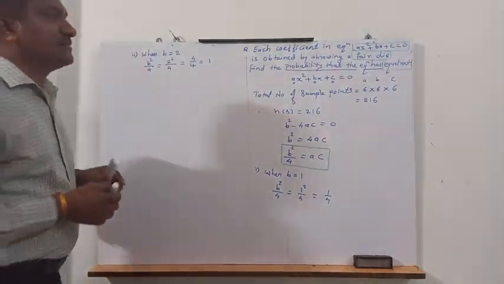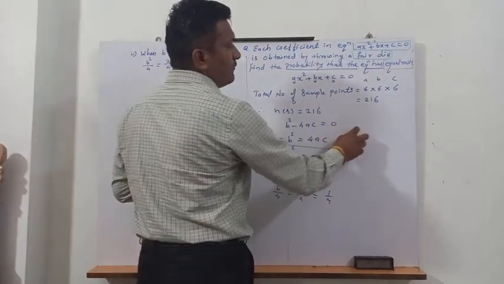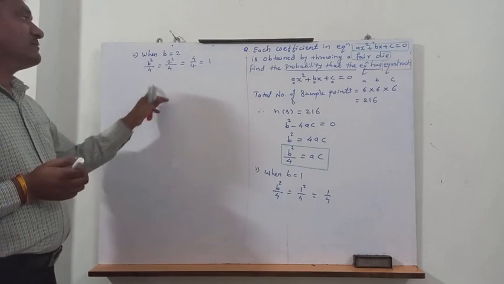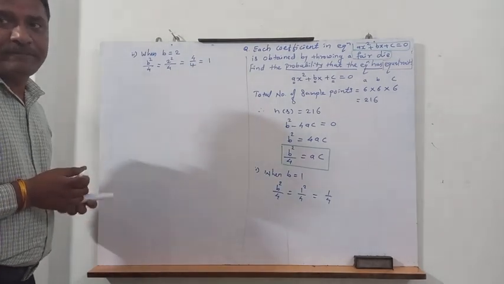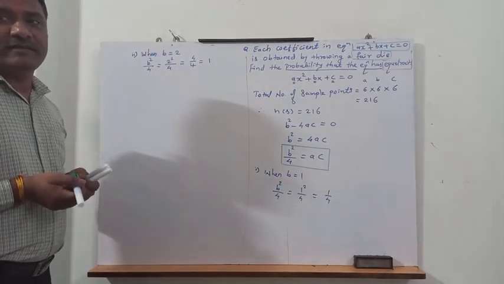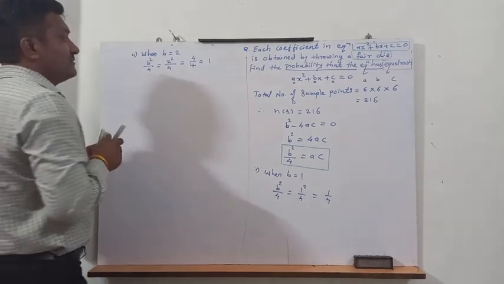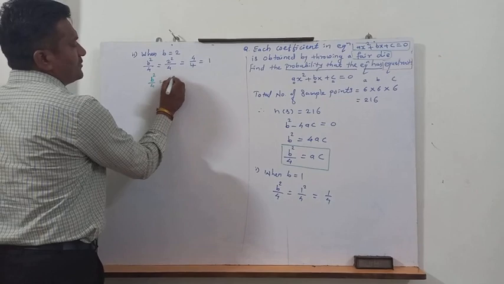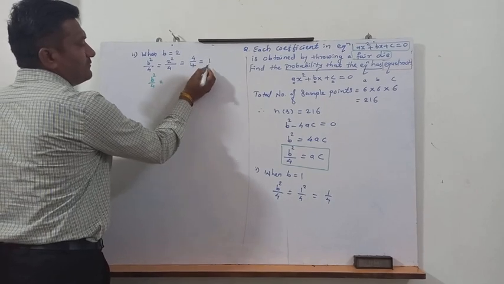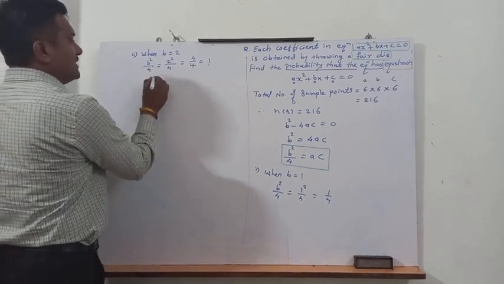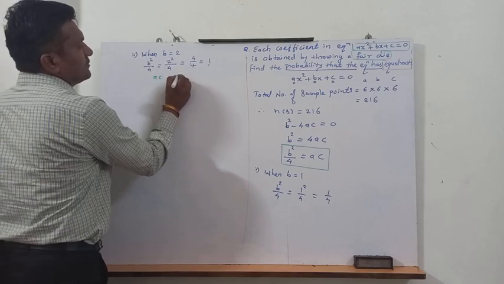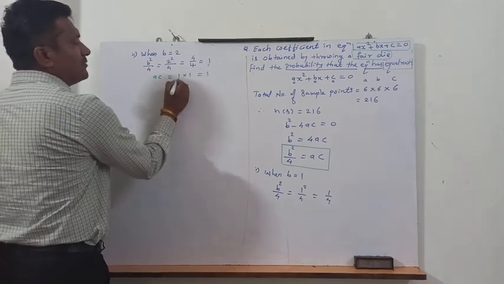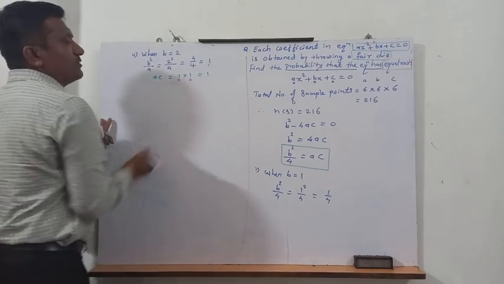So amongst the values of A from 1 to 6 and C from 1 to 6, which two numbers have product equal to 1? Which possibilities are there? Here b square by 4 equals 1, so we need 1. So we can find out about AC actually. So AC equals 1 into 1 equals 1. That is A equals how much? 1, and C equals also how much?